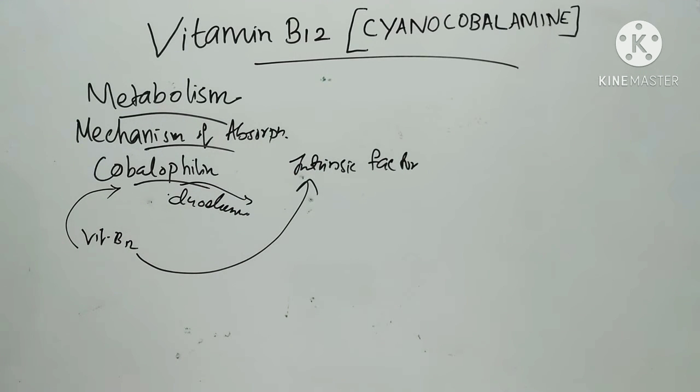Vitamin B12 is absorbed from the distal third of the ileum through specific binding sites or receptors that bind the B12 intrinsic factor complex. Then from the complex, B12 enters the ileal mucosal cells for absorption into the circulation. That is the mechanism of absorption. Next is transport in blood.